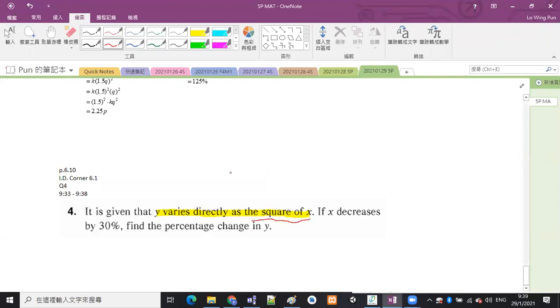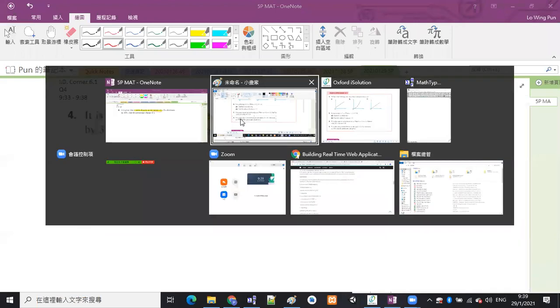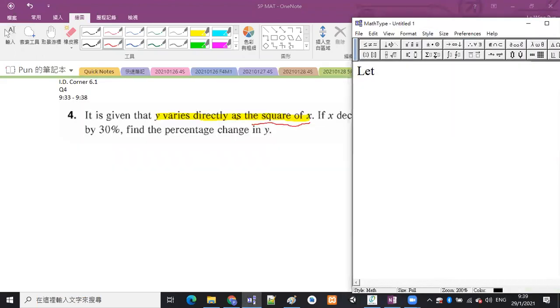Okay, so we can let the equation first. Let y equals k times x squared, where k is not equal to 0.